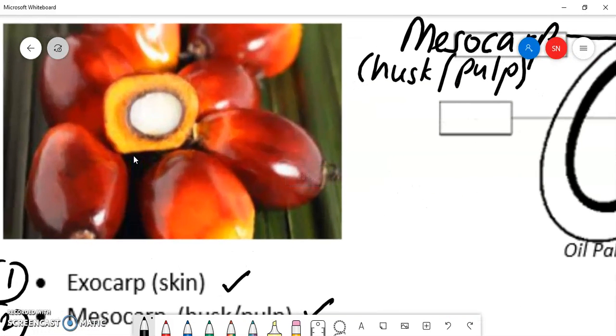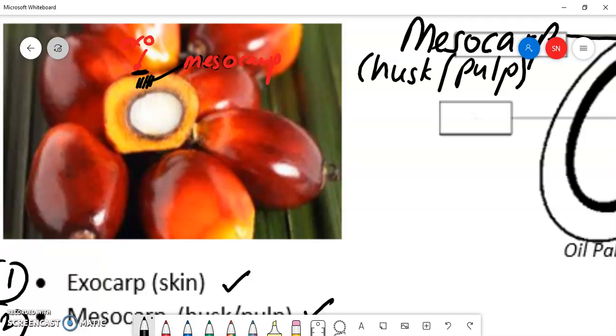If you see, this part here is going to be the exocarp, the skin. Then this region here is going to be the mesocarp.